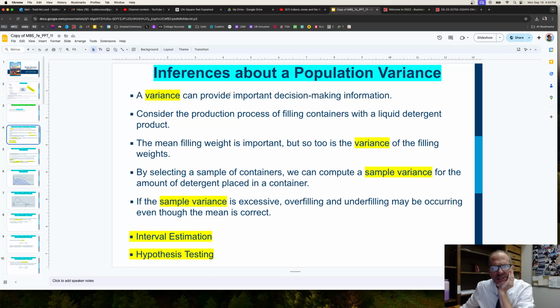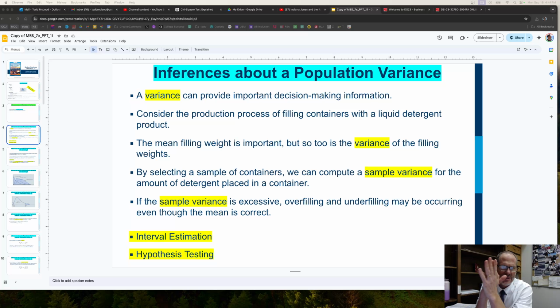Consider the production process of filling containers with a liquid detergent product. In the book, they give the example of filling to 16 ounces. If 16 ounces is our mean, we could still have very dispersed data, with a large variance and a large standard deviation, or we could have narrowly dispersed data that is clustered tightly around the mean.